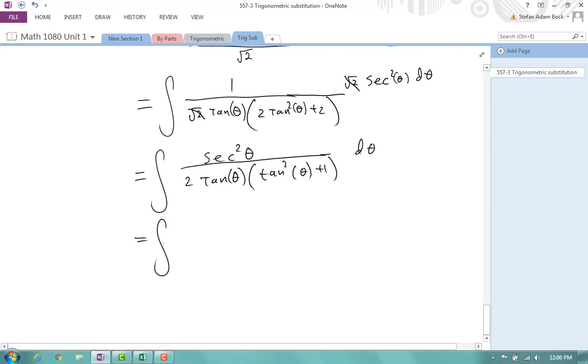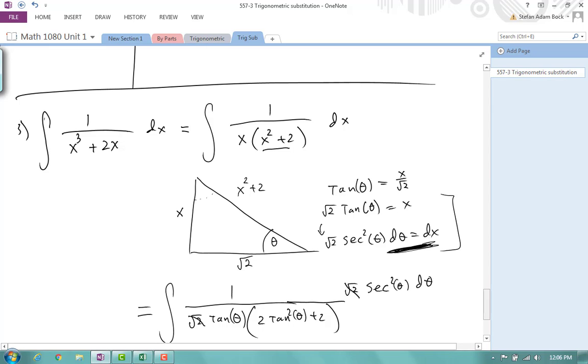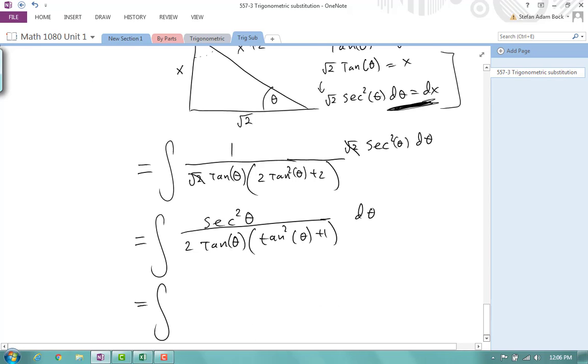You might notice that I have tangents on the bottom and secants on the top. And I could say, hey, I could let u be equal to tangent of theta, and I could do u substitution. But guess what? That would take us all the way back to the original problem, which is not helpful.